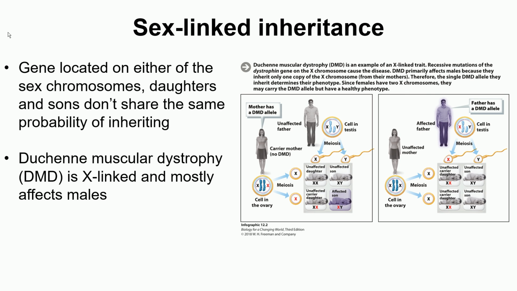So because females have 2 X chromosomes, and males have 1 X and another Y, the genes which are carried on the X chromosome have two copies in females.